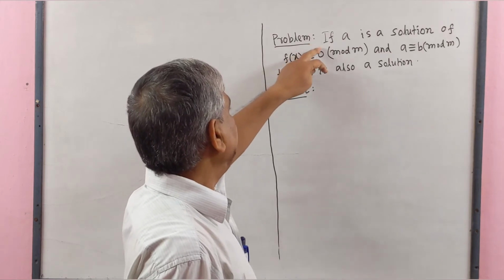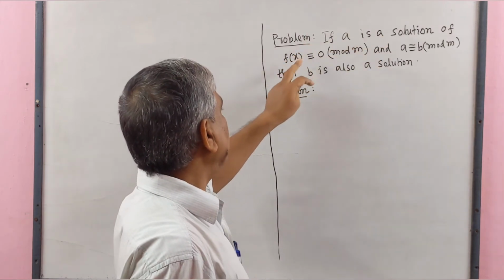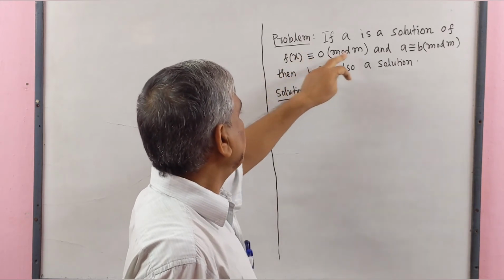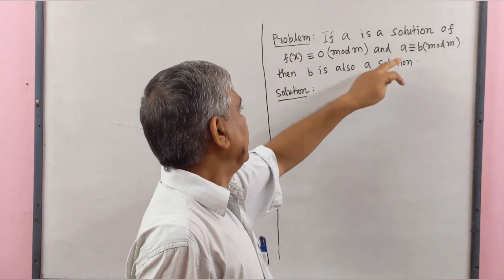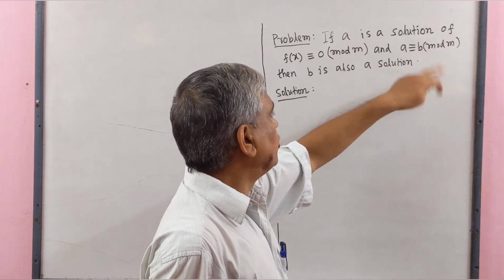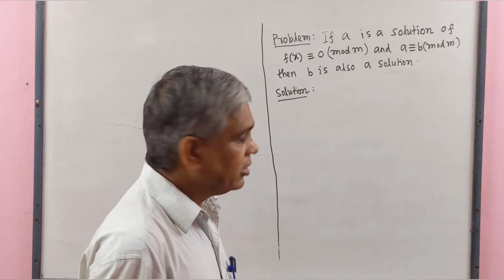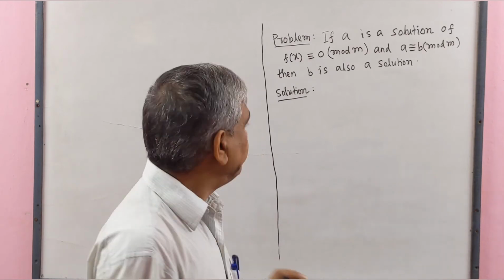The problem is: if a is a solution of f(x) congruent to 0 modulo m, and a is congruent to b modulo m, then b is also a solution. Now we prove this.